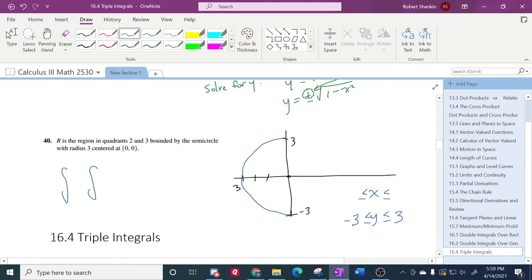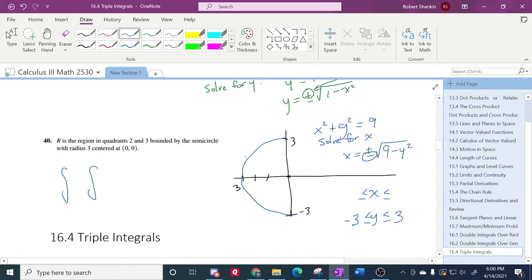And we want the x to go, we take that same equation, except it's x squared plus y squared equals 3 squared, which is 9. But we solve for x. And we get x is equal to plus or minus the square root of 9 minus y squared. And this time we're going to take the minus to get the left half of this.